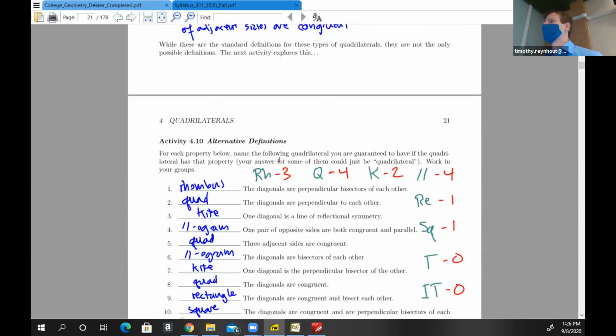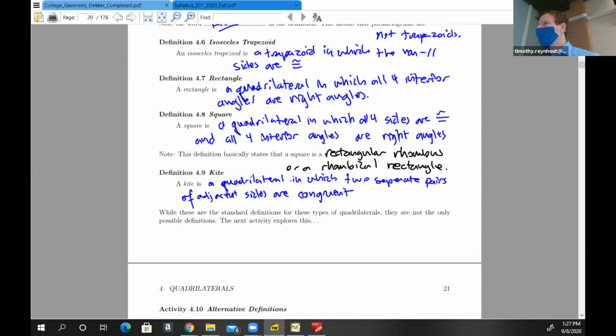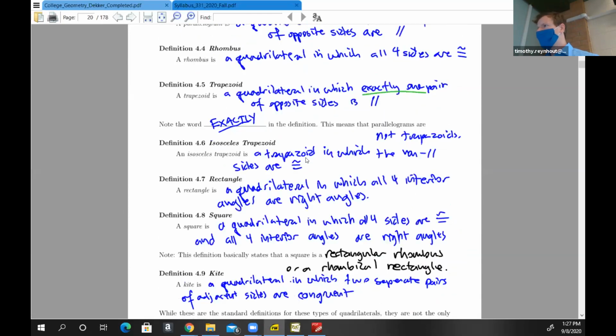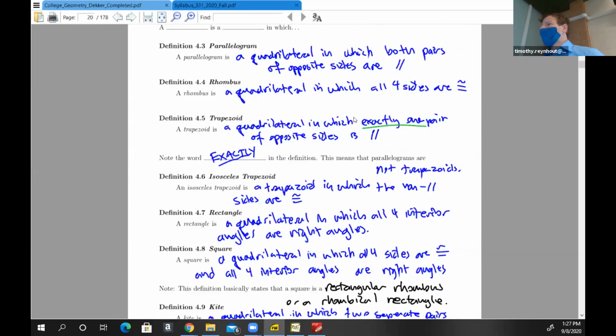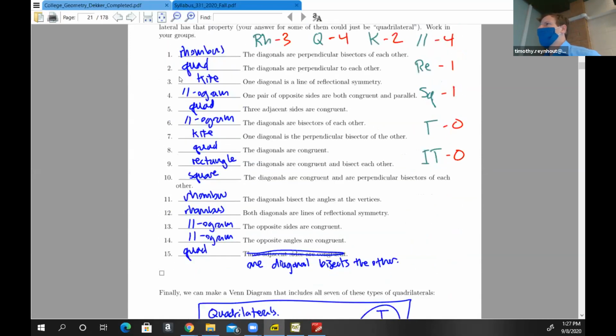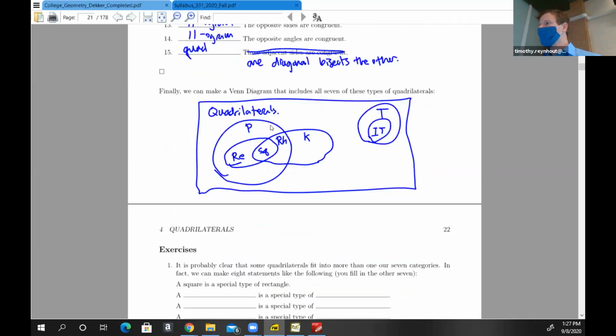So it's a good idea. In my solutions, I cited activity 4.10 several times. I think on almost every problem for this section, because these are nice ways of referring to what properties these have. So I think I just referred to this activity and this Venn diagram, and that was sufficient for justifications on my responses.